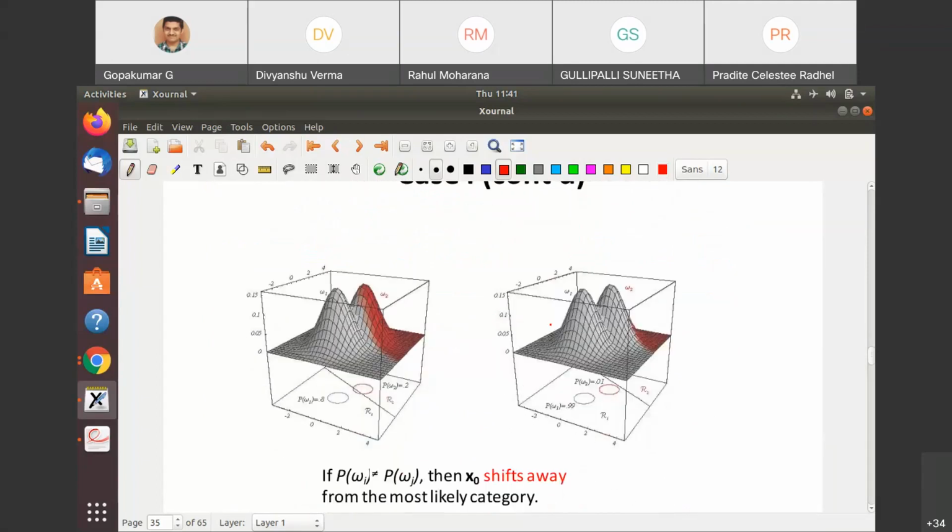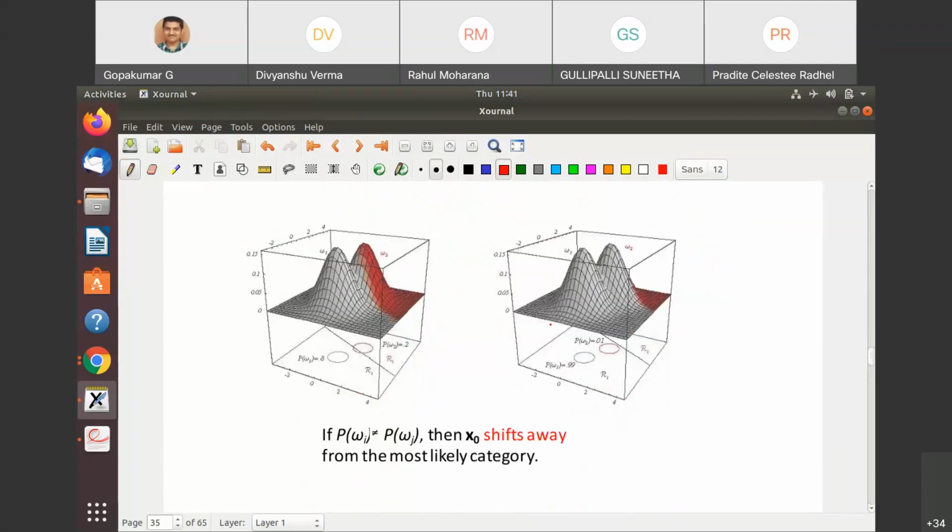And suppose you have a two dimensional or three dimensional case. Suppose we have one distribution of this kind in ash color, and another in red color, and we have seen the projection.